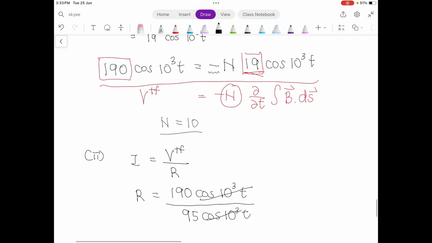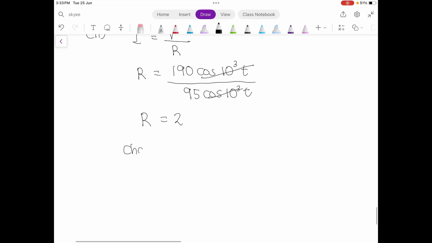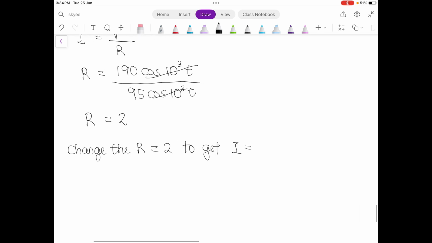So you can cancel this thing, and take 190 divided by 95. So the resistance now is 2. You can change the R to 2 to get your I equal to 95 cos 10^3 t. So this is one of the ways of doing it.